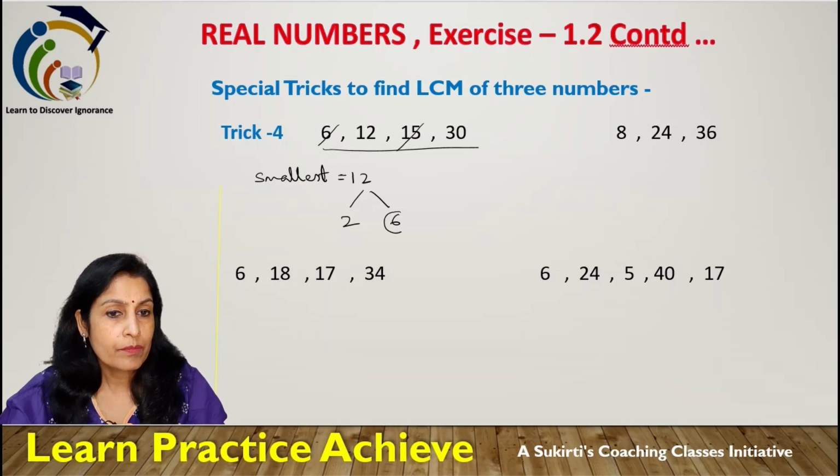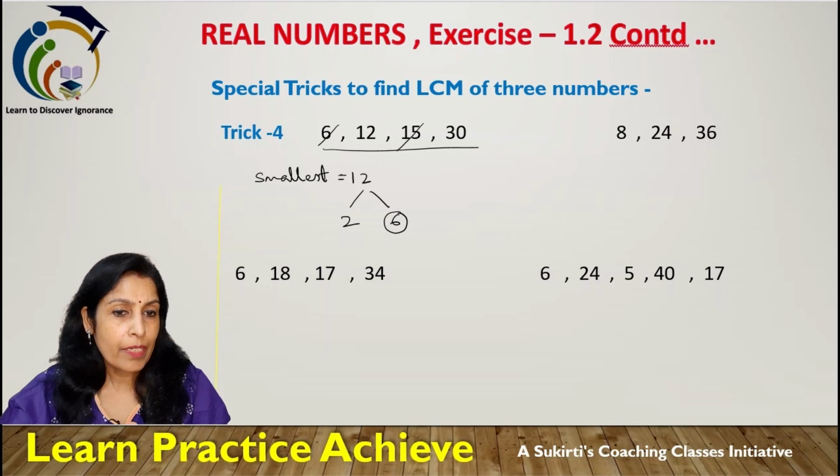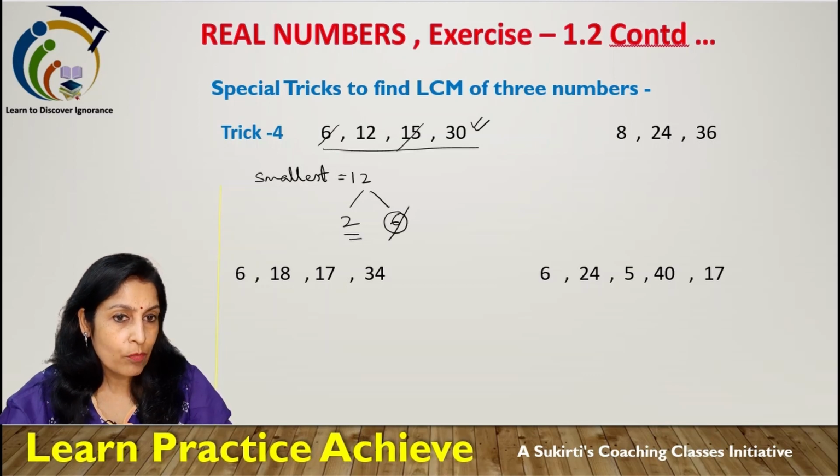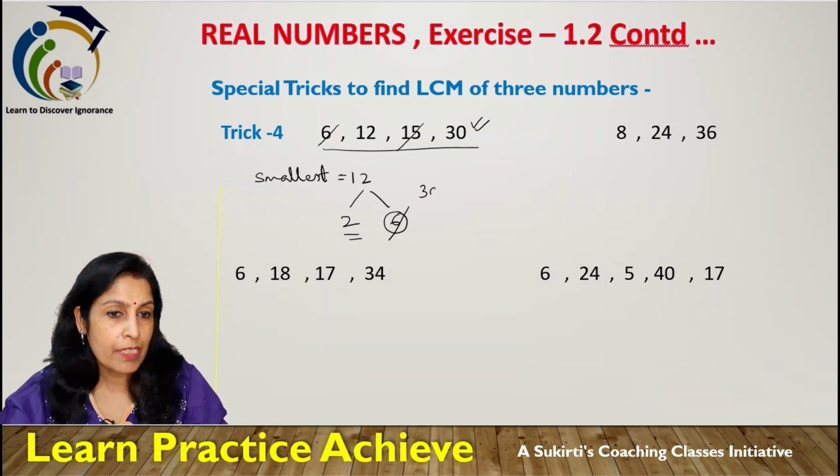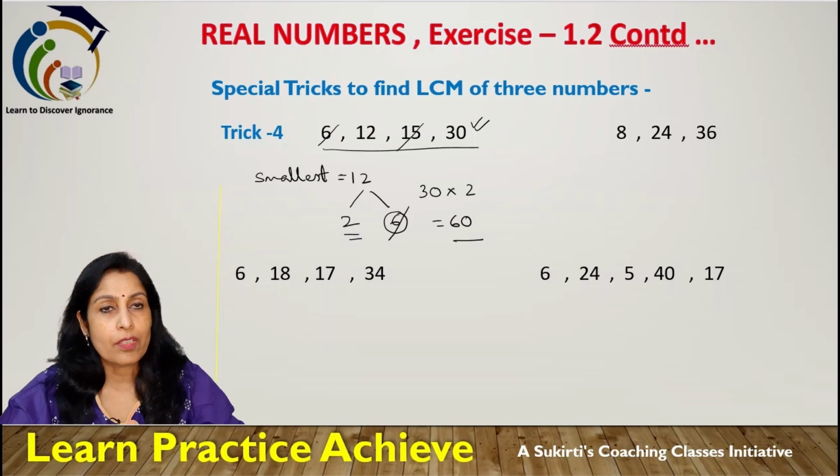So when we find the LCM, 6 can divide 12 and 30, so you have to cancel 6. The remaining number is 2. This remaining number 2 will be multiplied with this. So your LCM is 30 into 2, which is equal to 60. So your answer is 60.